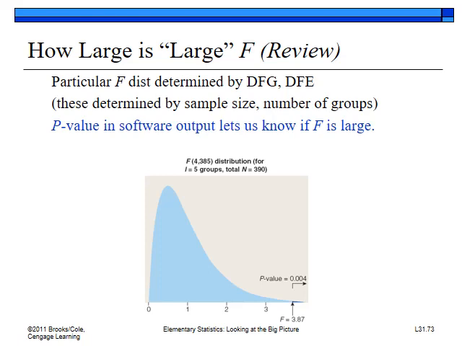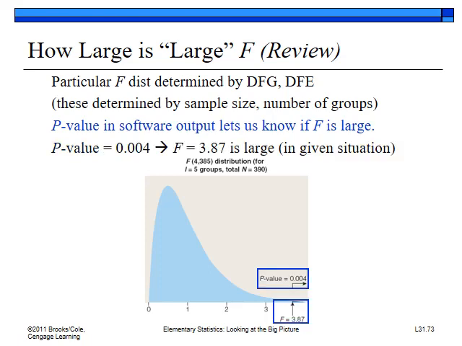It's that p-value that lets us know if F is large. We're not always going to have a picture like this for every single possible combination of values for DFG and DFE. But here, again, we got a p-value of less than 1%. That means that F statistic must be pretty big.